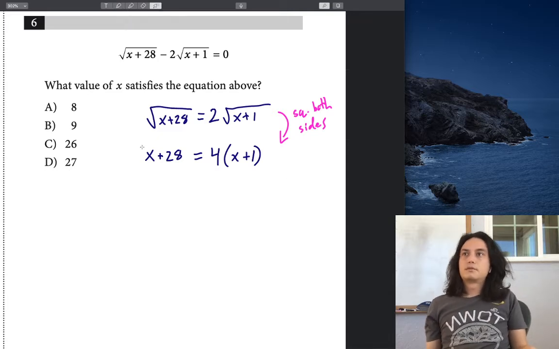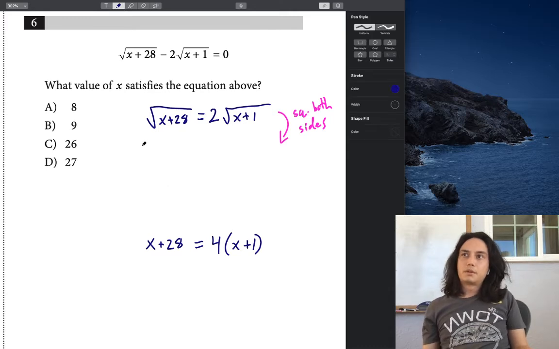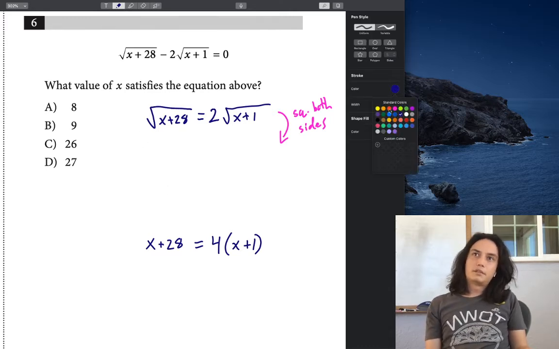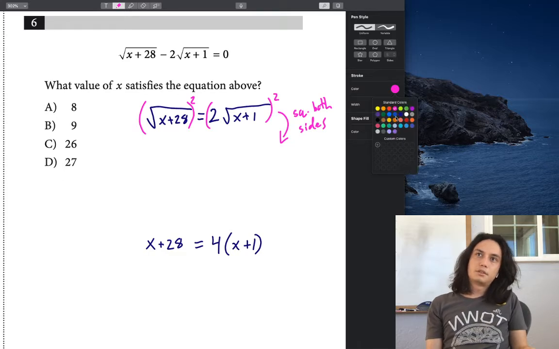Maybe I should show it a little bit more explicitly then. We got x plus 28. We're going to square this whole thing. We're also going to square this whole thing.